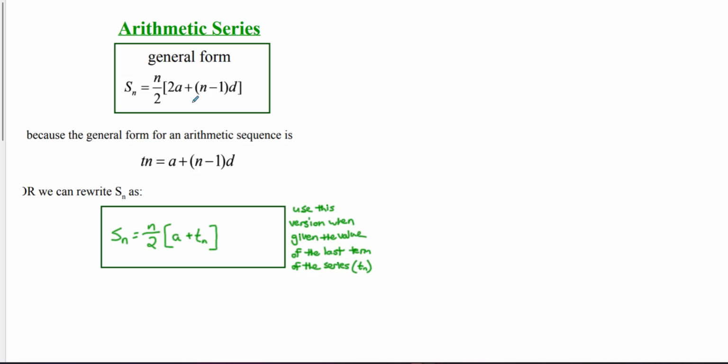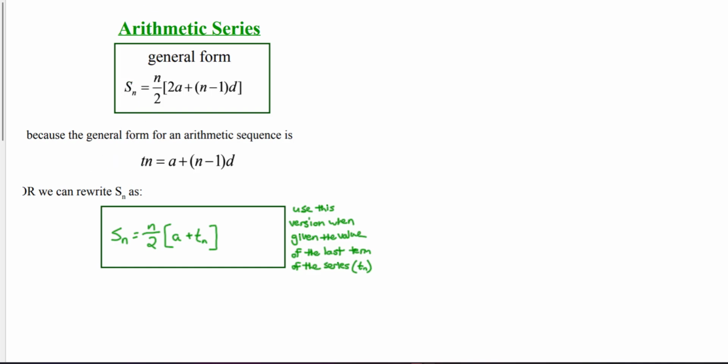So you realize that this has the exact same variables as the arithmetic sequence. We just need my a value, we just need my d value, and we just need n. That's it. It's just 3 variables. And we usually have a and d because a is the first value and d is the common difference, so that's not hard. And n is just something the question usually gives you. So yeah.